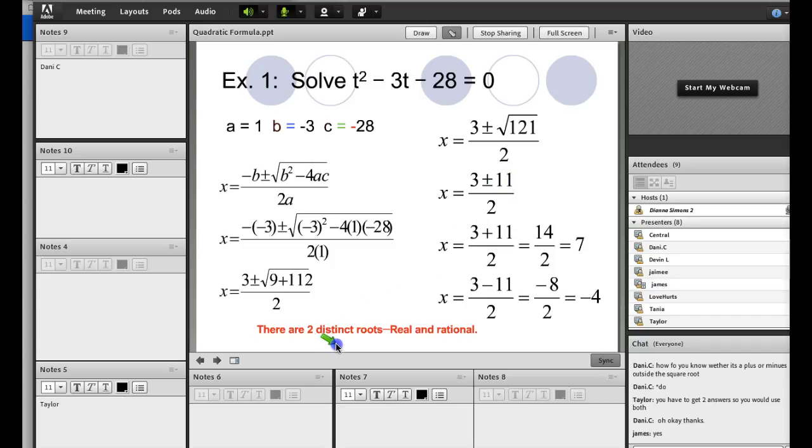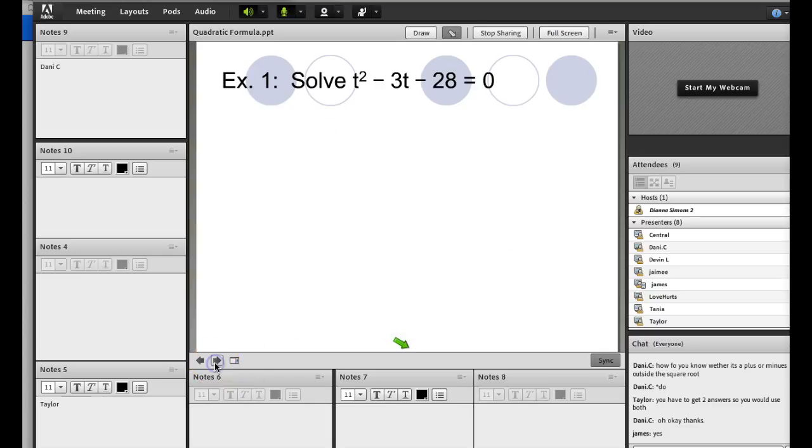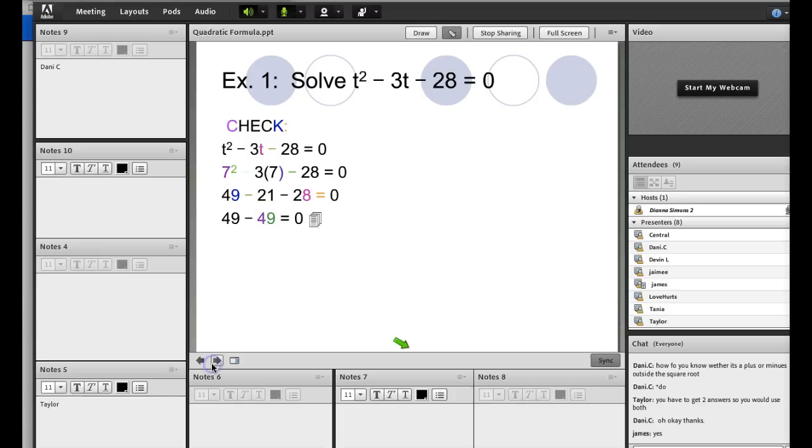So that tells us that we have two roots and they are real numbers, okay? This is just a check. If you put 7 in there, you really do get 0. And if you put negative 4 in there, you really do get 0 too.